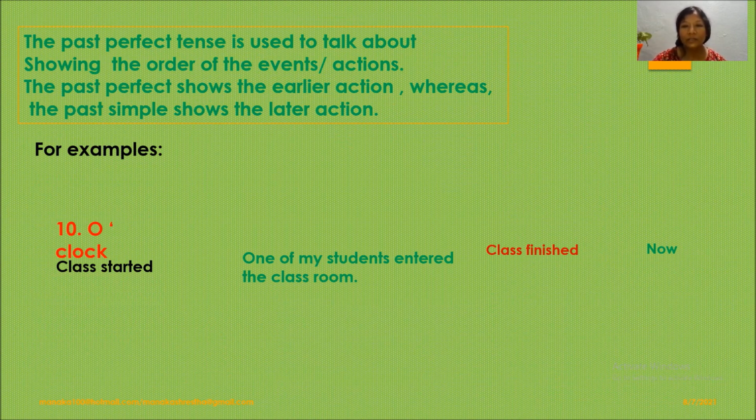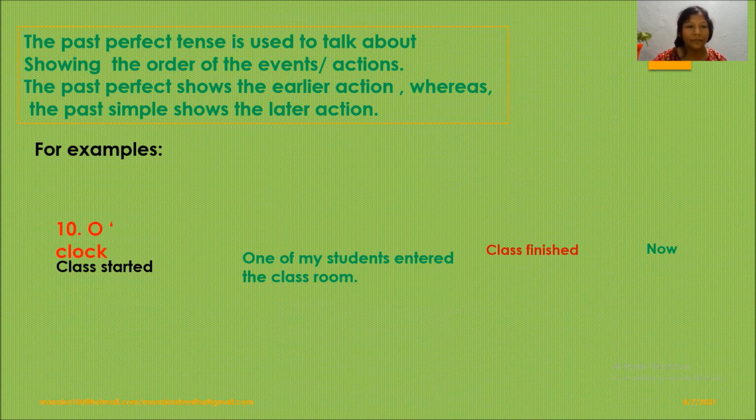The past perfect tense shows which of these actions happened first. And we especially use the past perfect tense in one sentence and the simple past in another. The past perfect tense shows the earlier action, that is the first action, but the simple past shows the second action, that is the later action.